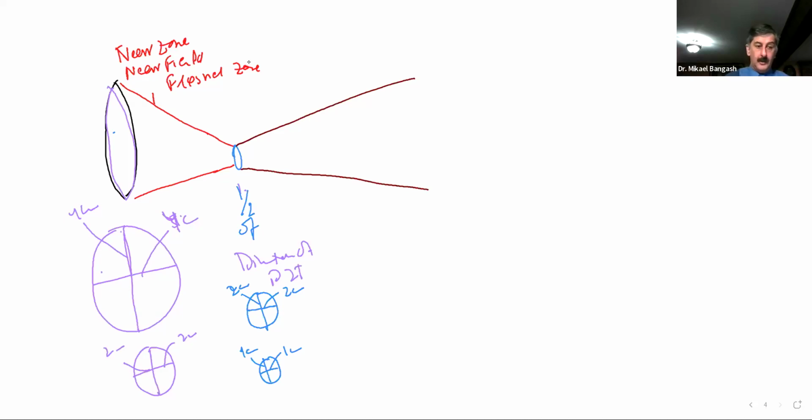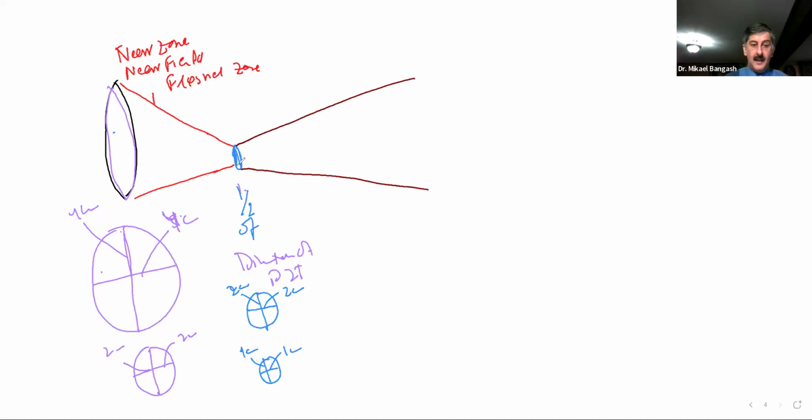The diameter of the beam is going to be half of that at the focal point, which is going to be the narrowest point in the entire course of the beam.